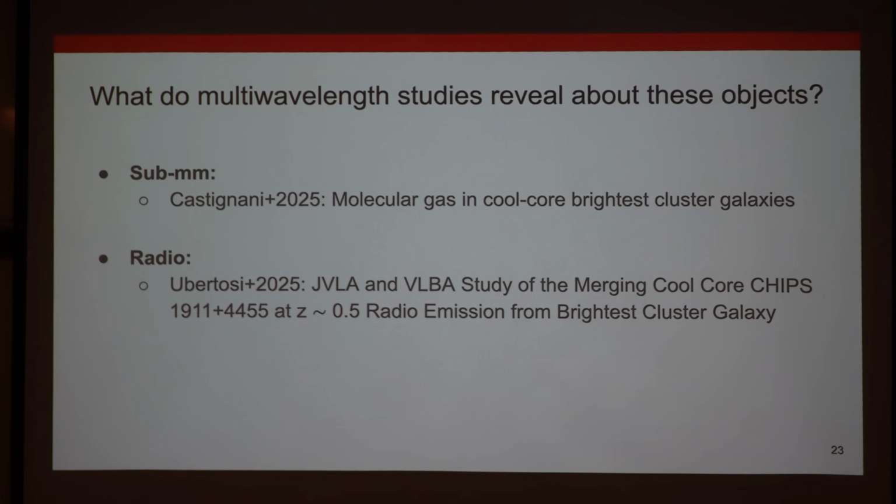When we talk about AGN, there are different types of AGN. If it's radio AGN, usually about 30% of clusters have some radio emission in the center of the BCG. But if we talk about X-ray AGN or mid-infrared AGN, those are roughly 5 to 10%. So it's very small to detect the actual AGN emission from the BCG.